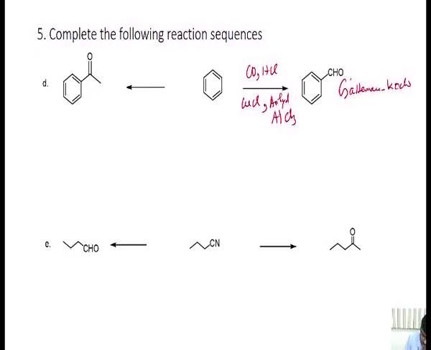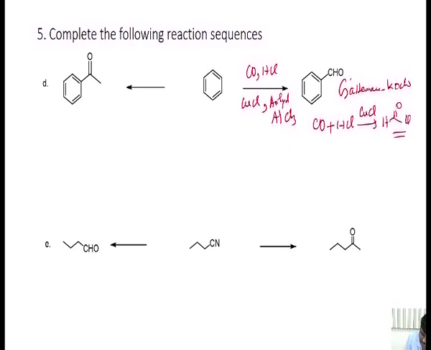In this reaction, the copper chloride helps to form formyl chloride. Carbon monoxide reacts with hydrochloric acid in the presence of copper(I) chloride to give the formyl chloride.